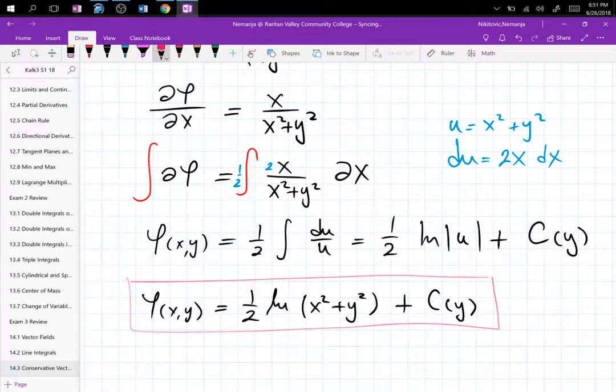If you are to take the partial derivatives of this, the del, right? If you find the gradient for this, you will get the vector field that we are looking for. But we have this issue now that we actually have c of y, and we want to know what that is. All right. Now we can calculate that.